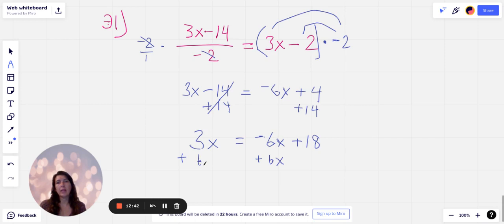I feel like I'm going in slow motion because of this pen. 3x plus 6x is 9x. And that equals 18. So if I divide 9 on both sides, I get 18 divided by 9. So then my x for this problem, for number 31, my answer is 2.